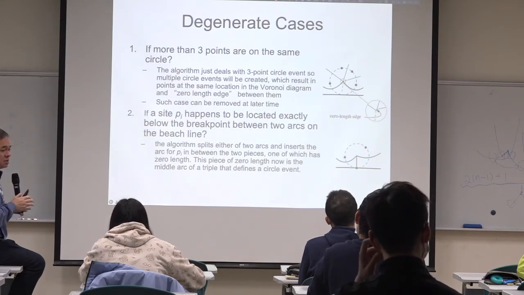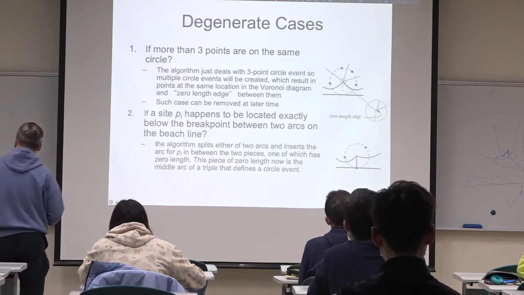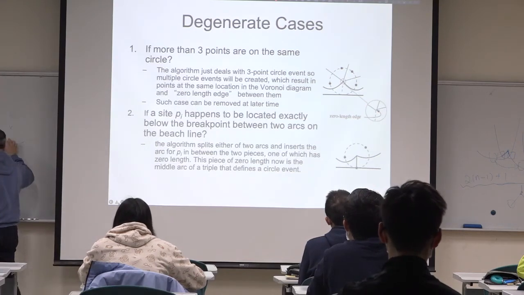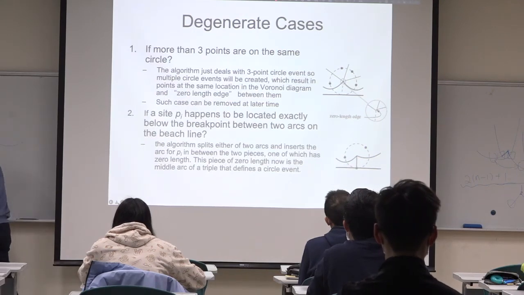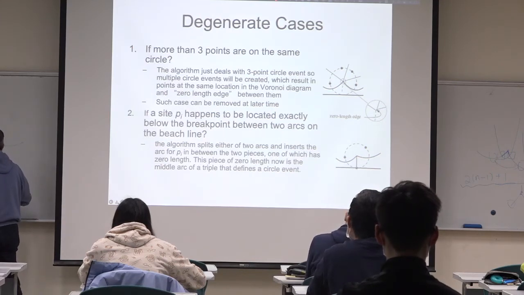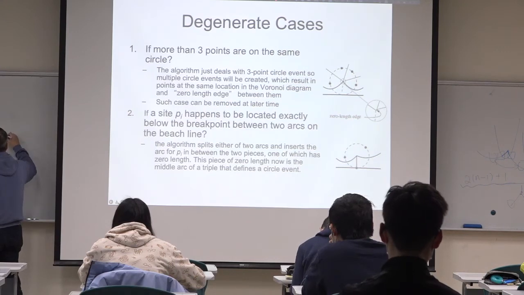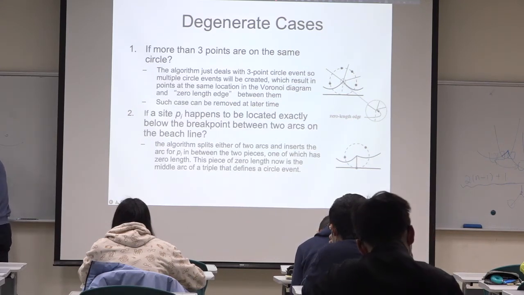Say we have 4 points on the same circle, with these four arcs whose sites happen to be on the same circle. We are going to deal with these 3 first, right?